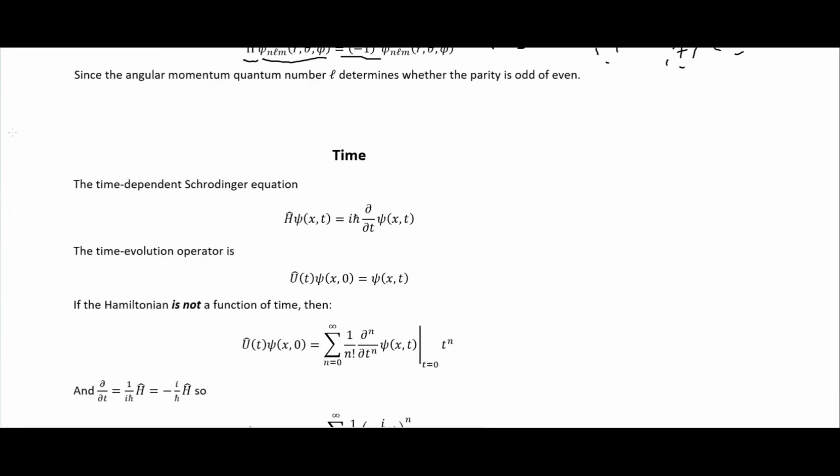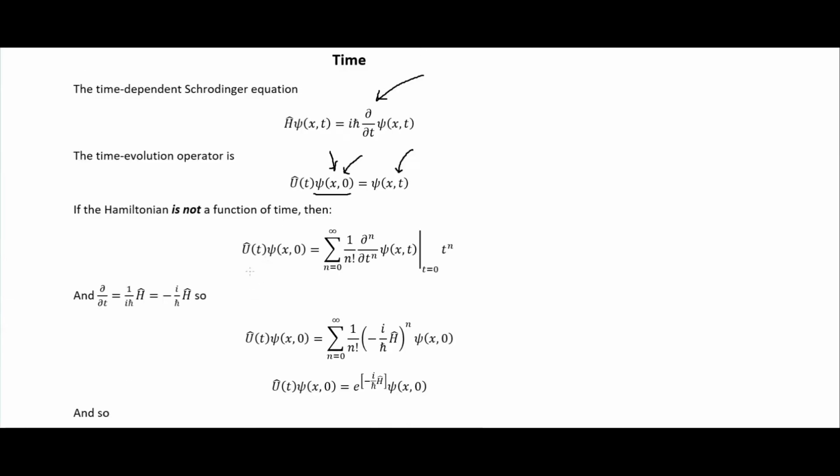All right, so now we can look at time symmetry here. So the time-dependent Schrodinger equation is this, and the time evolution operator takes our wave function here, which is a function of position, at time 0, and sends it to some other time t into the future. If the Hamiltonian is not a function of time, then we have this Taylor expansion for our wave function here.